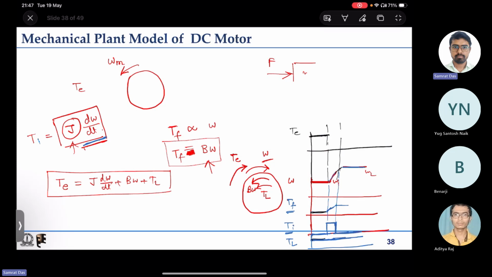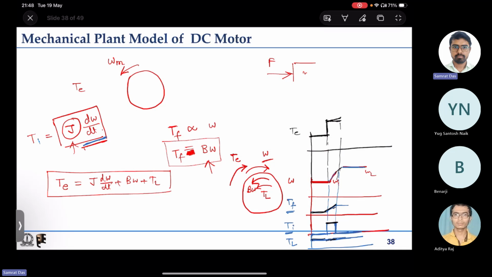In between, some inertial torque also comes, frictional torque also increases, and load torque is as it is. So there will be a step jump, and if the frictional torque were not rising, it would be only a constant quantity. But because the frictional torque is also rising, it will slowly rise in this duration.